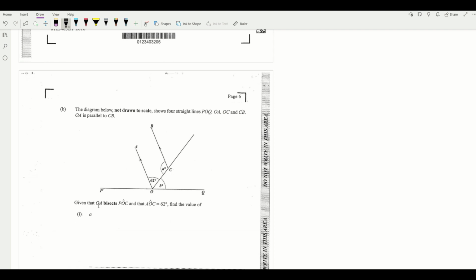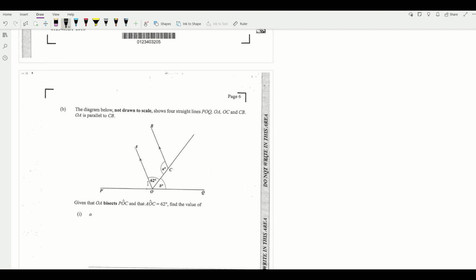Given that OA bisects POC, that means it's just intersecting, and angle AOC, that's this here, is 62. Find the value of A.